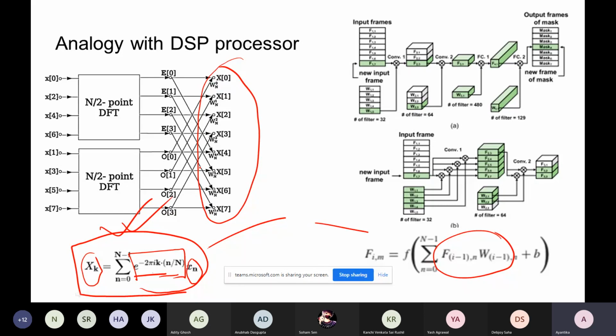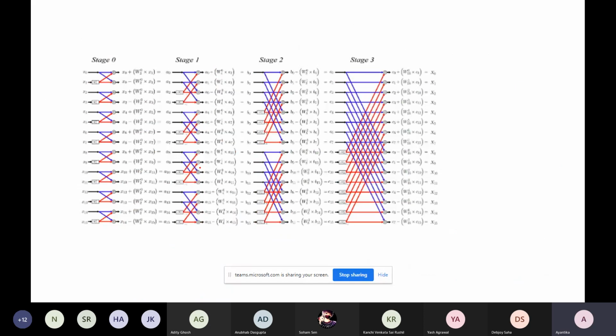So with this motivation, if someone doesn't know at all what the FFT or DFT algorithmic structure looks like, just focus on this part. It already has this multiply and accumulate, multiply and add type of structure.